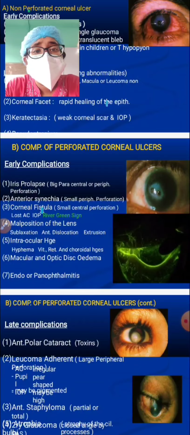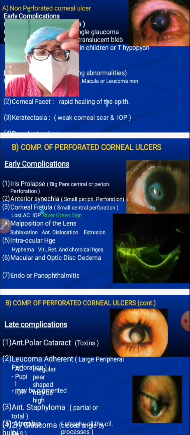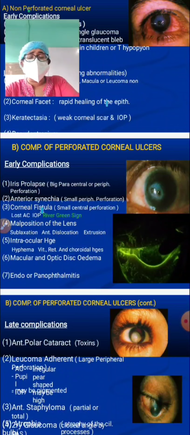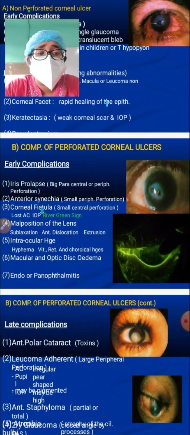So small perforation typically leads to adherent leucoma, okay, and large perforations, that is when the whole of the cornea has as if melted out and perforated, just leaving a thin ring of the perilimbal tissue around.